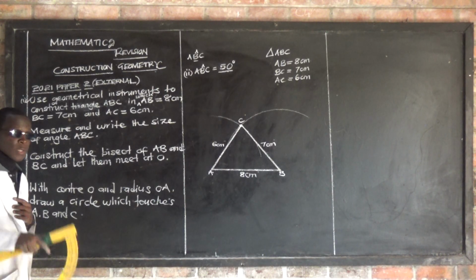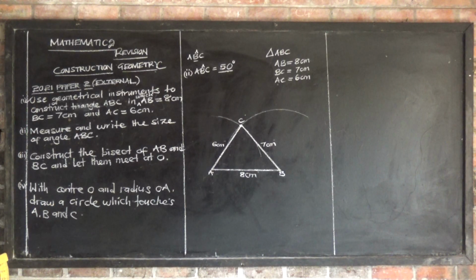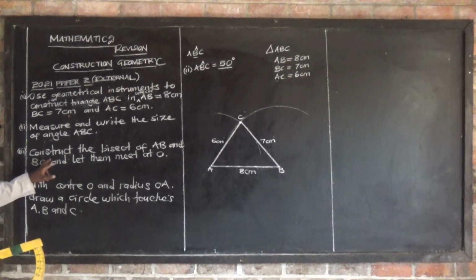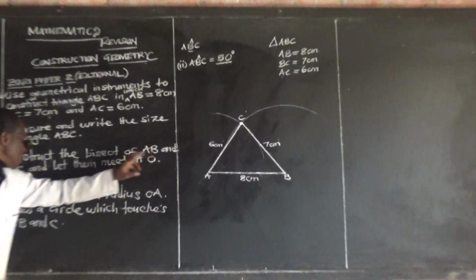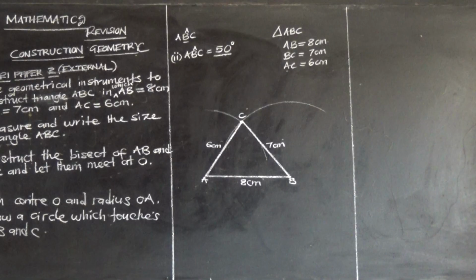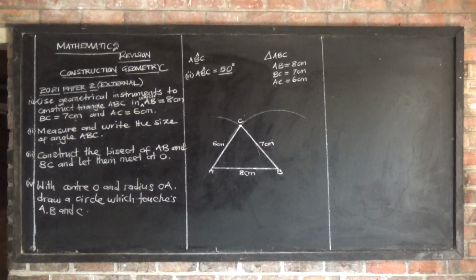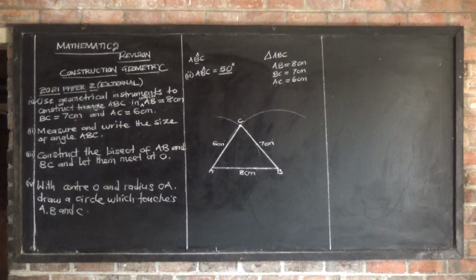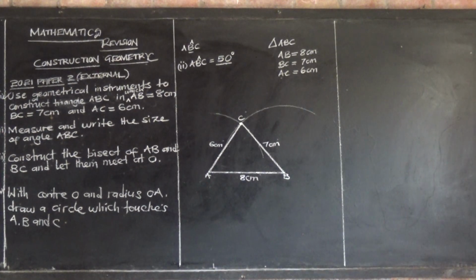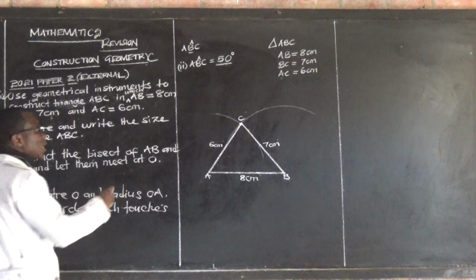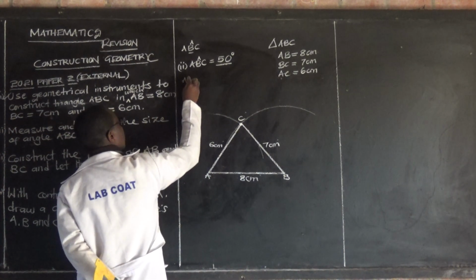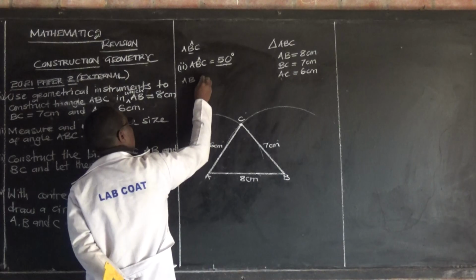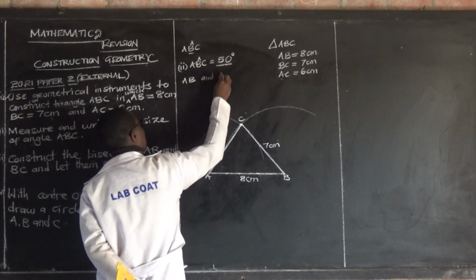Question Roman numeral 2. We can now look at Roman numeral 3, which is saying construct the bisector of AB and BC. They want us to construct a bisector of AB and BC.